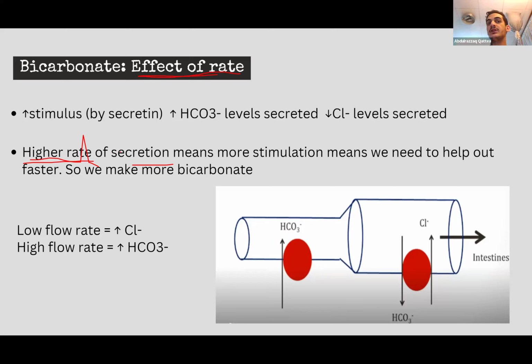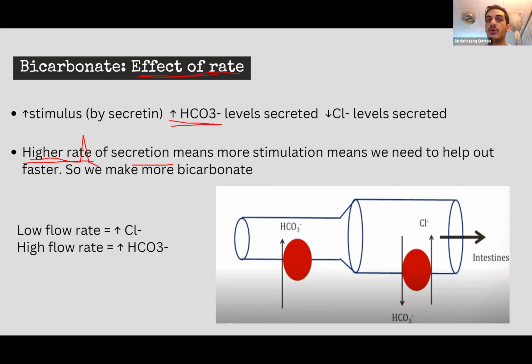And when we have a lot of secretin, we will open the CFTR channel and we will have a lot of bicarbonate. That makes sense because when you eat, you will have more food in your stomach, and more food in your stomach, more acidity. So the more acidity will go to the duodenum, you will secrete more bicarbonate.